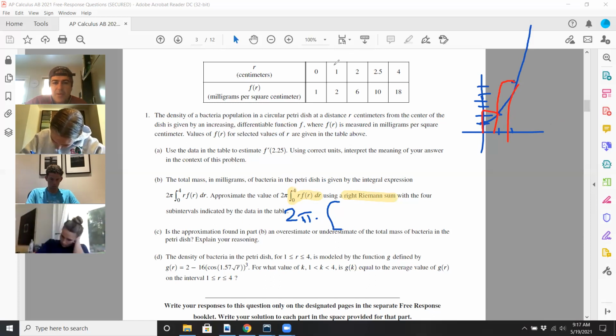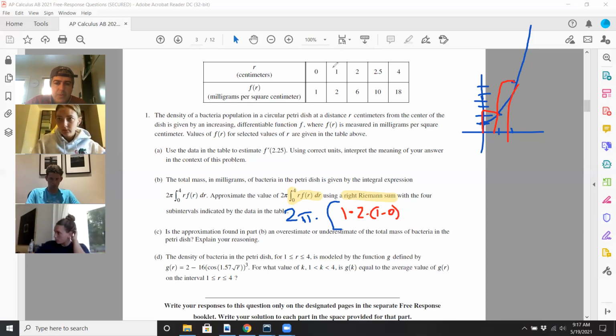So you're going to start with R equals 1. So you're going to put a 1 here because you have R times f of R. So you have to give the y value at 1, which is 2, and the width of the interval, which is 1 minus 0.